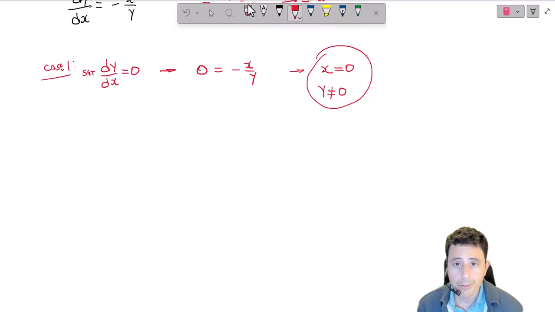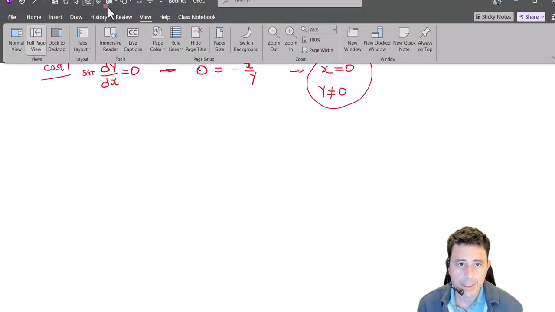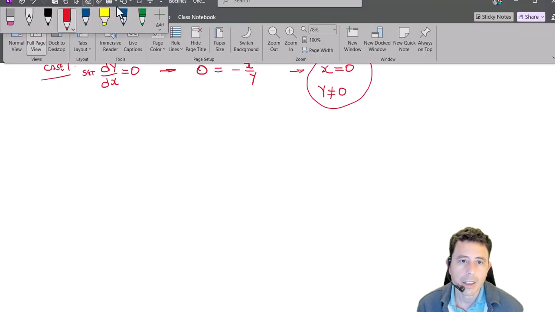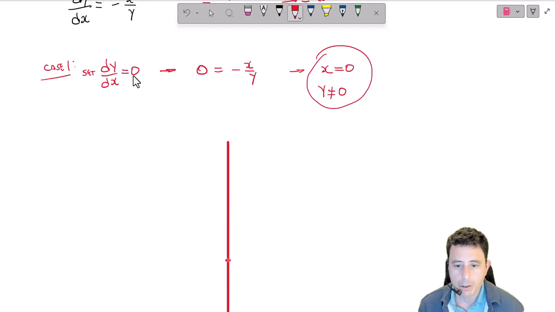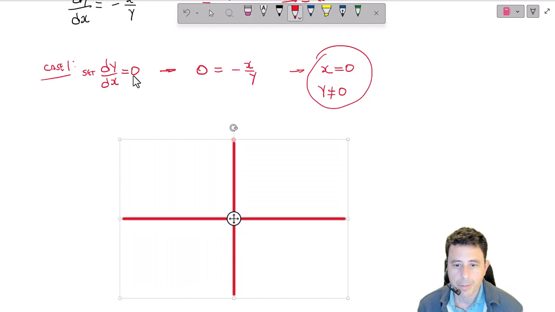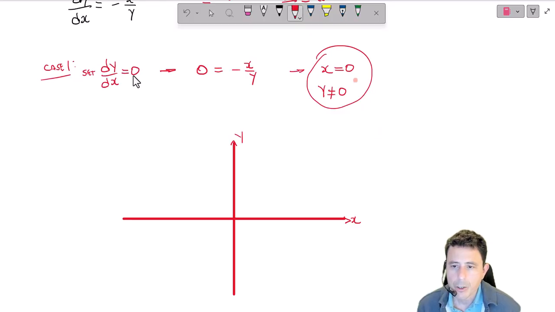If we draw that solution on the plane here, let's take a look. If this is the y-axis, this is the x-axis. So x equals 0 would be right here in the middle, right? And y is different than 0.